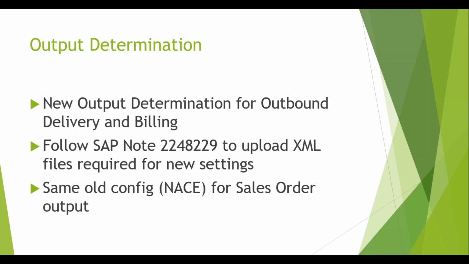So NACE was a transaction through which we were configuring the output. Now with SAP S4HANA, when 1511 was launched, SAP made it mandatory that you cannot use NACE for purchase orders. For billing, it was okay, but for purchase orders, you cannot use NACE, and you have to configure it via the new output determination, mandatorily.